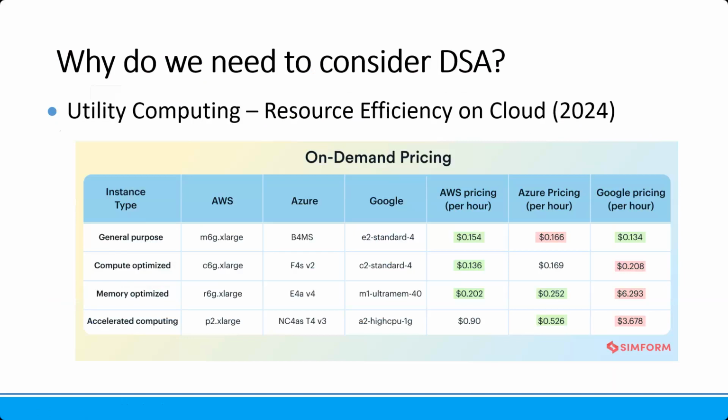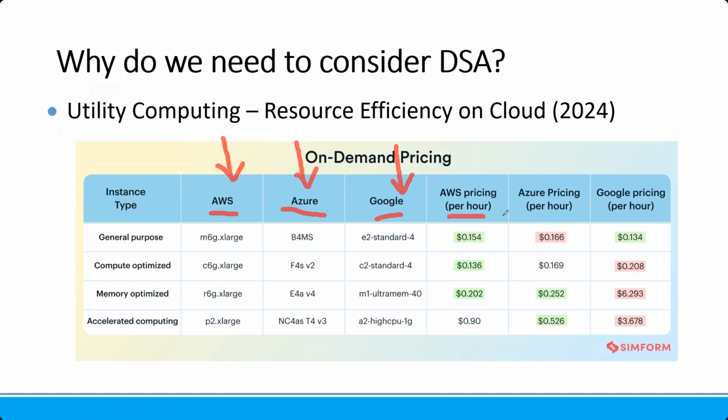Nowadays people use the cloud. Let's say I put only the three big cloud systems: AWS, which is Amazon, Azure from Microsoft, and this one from Google. You can see the pricing.